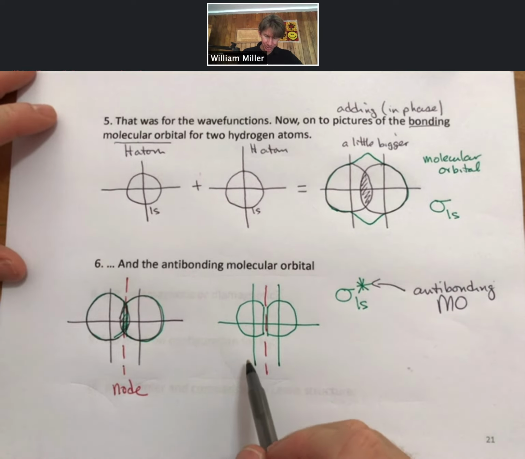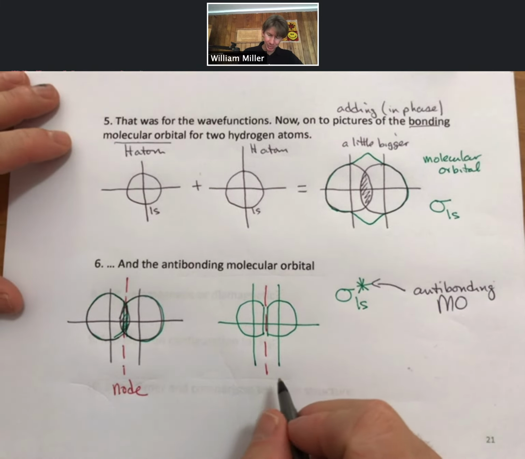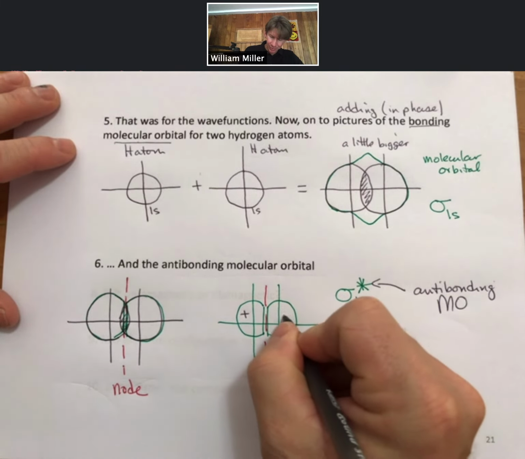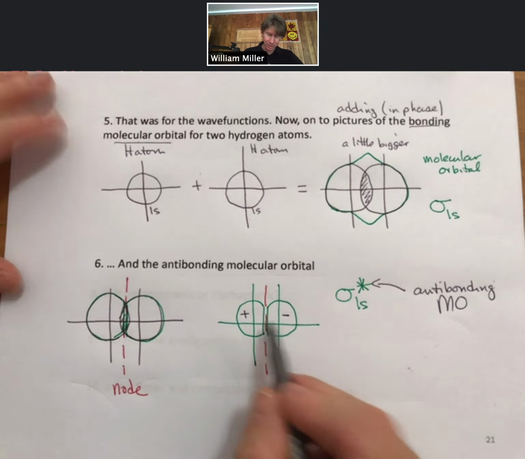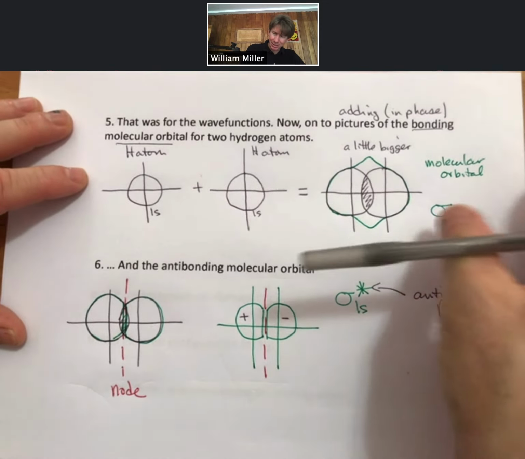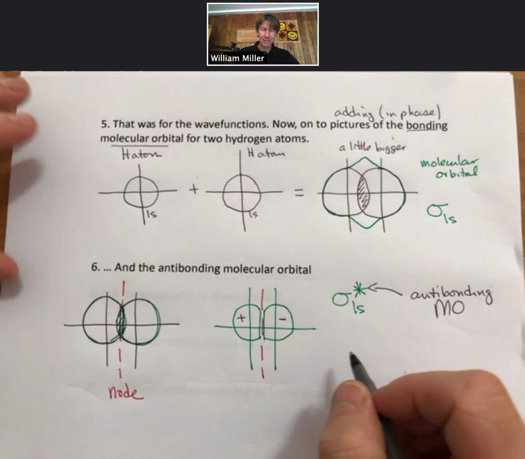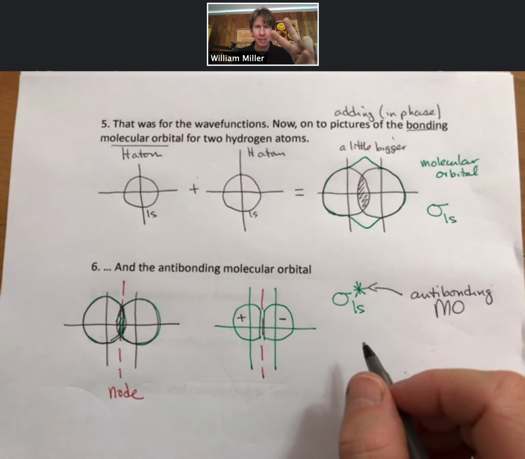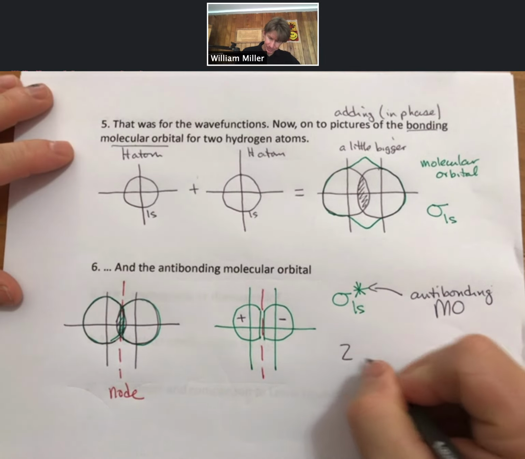So it will also turn out that since we're subtracting one of these from the other, there still will be differences in phase here. And again, they're just different. And then lastly, I can't remember if that's covered on the next slide. We'll talk about that next. But two atomic orbitals make two molecular orbitals.